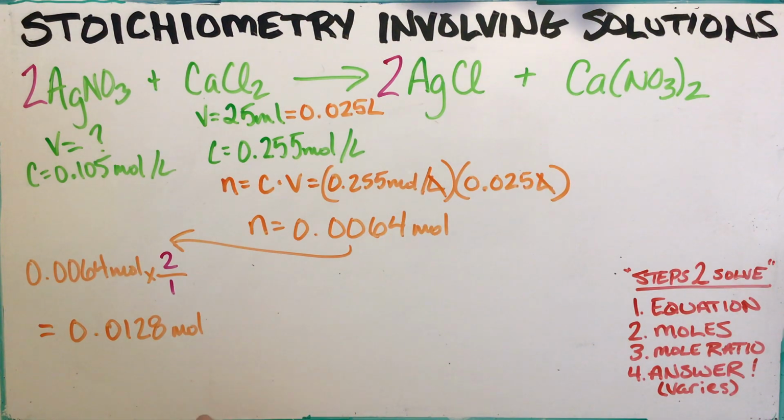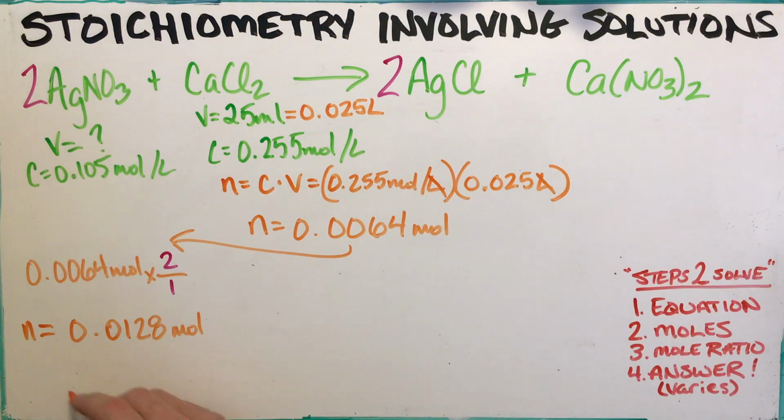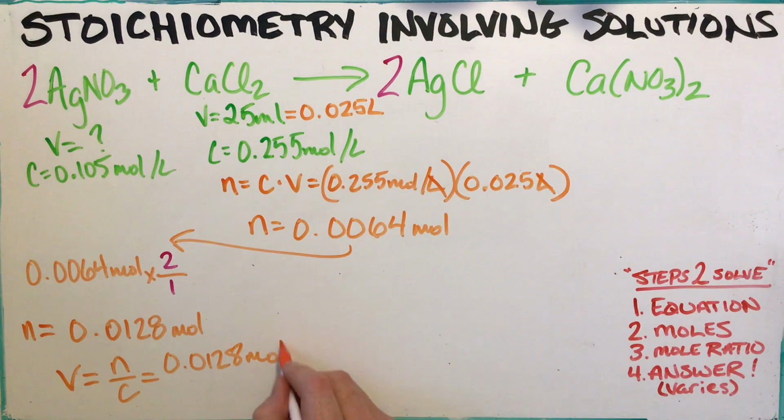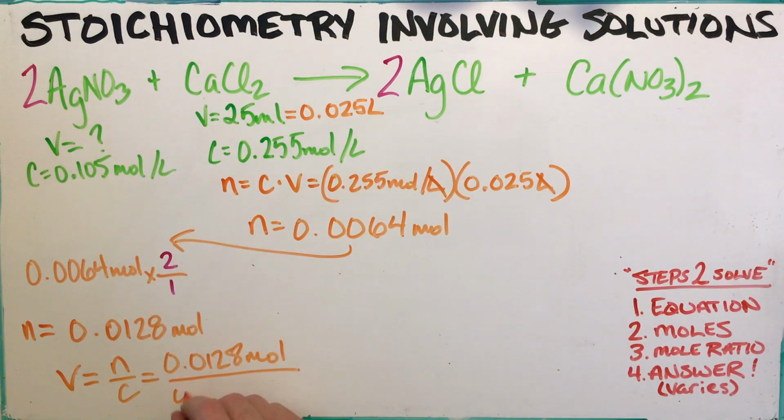So what I have to find now is the volume of this. And this is my n, that's moles. And I've got a C, so if I have n and C, I can find V. So V is equal to n over C. My n I just figured out, it's the 0.0128 moles. I'm going to divide it by the concentration that was given in the problem.